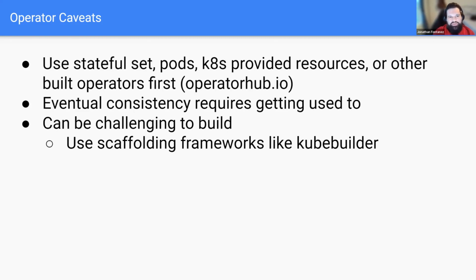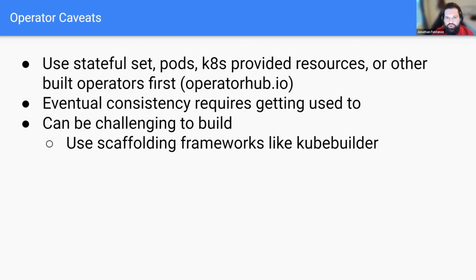So really, the advice that I would give is that if you can get away with it, start with using a stateful set, pods, any other Kubernetes provided resources first, especially while you're building things out. And then if you see that there's a use case for an operator, first start by looking at a place like operatorhub.io, which has a lot of great operators that have been built by the community. Those operators are a good starting place.